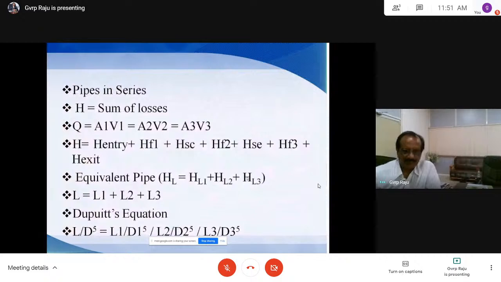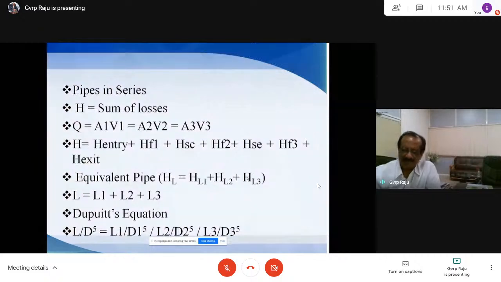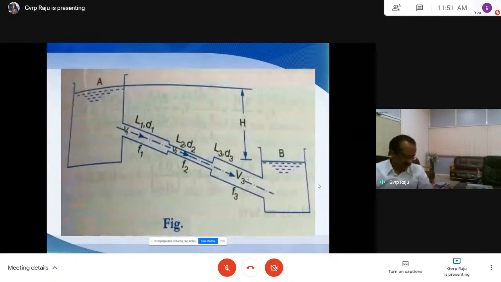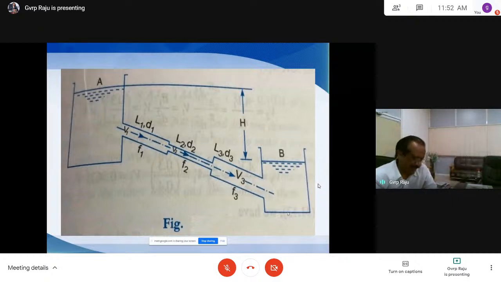Next, equivalent pipe. Very important, it has been given in the GATE problems also, I have seen. What is meant by equivalent pipe? An equivalent pipe is when all these pipes are replaced by a single pipe. These are the three pipes having different lengths and diameters.